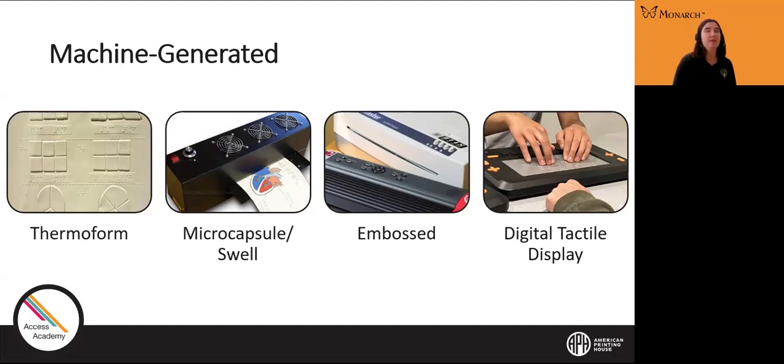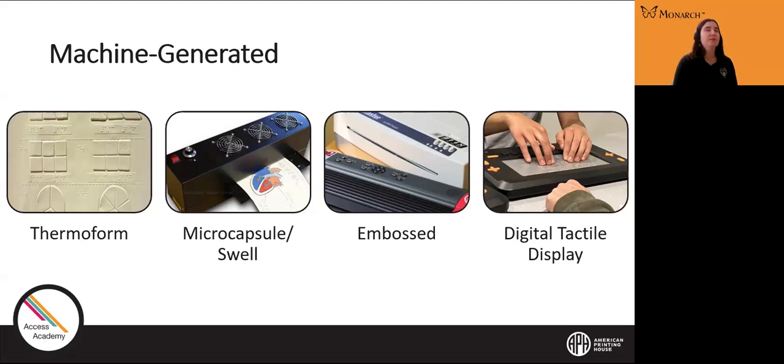And that's a way to make multiple copies. Microcapsule or swell, we touched on this before. We'll go into it a little deeper here. And of course, embossed and digital tactile displays like the Monarch.